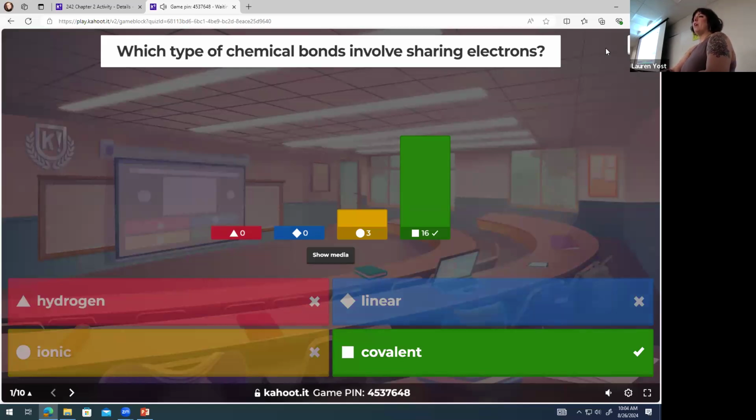If you're ever not sure which one is the sharing and which is the donating, there are really only two that we learned about that have electrons moving between atoms. Just think of being codependent, in a couple. That's the one where they're sharing.